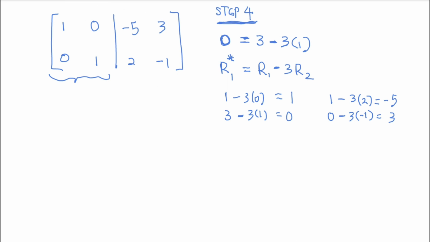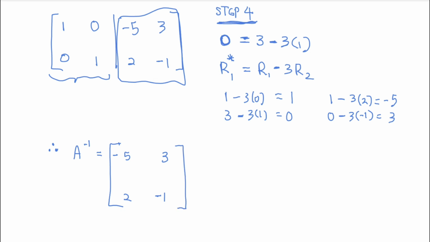So after step 4, you will get the final solution, which is A inverse, the matrix here: negative 5, 3, 2 and negative 1. Do you understand everyone?